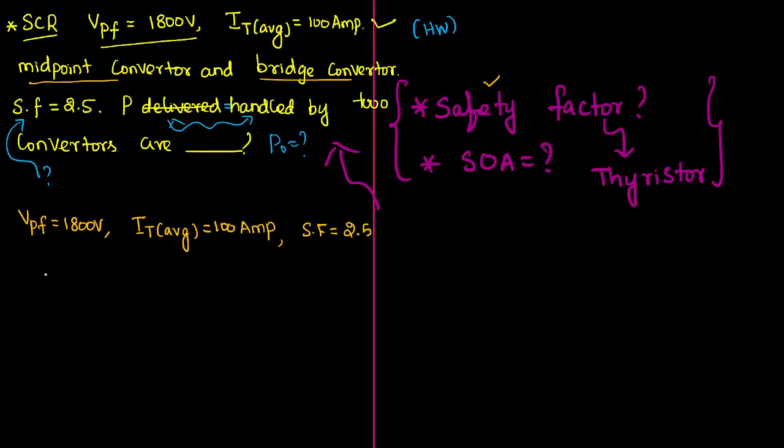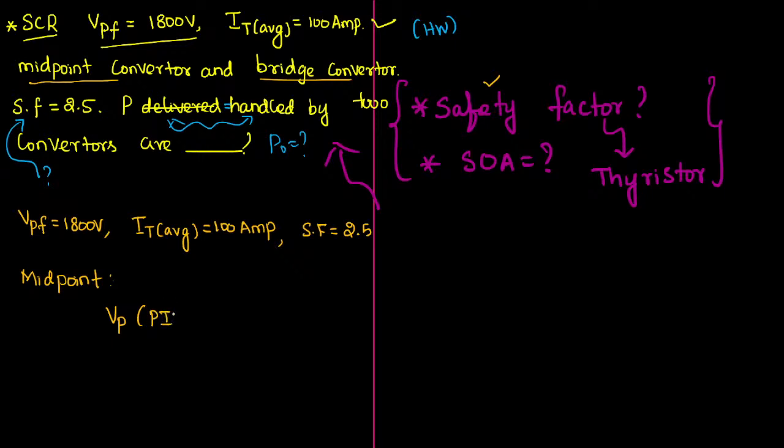So let us go ahead with the midpoint converter. What is the difference? Suppose I am designing a single phase full wave rectifier with the help of a midpoint converter. Then the peak inverse voltage, the maximum negative voltage, you all know, right? That is the negative peak voltage.